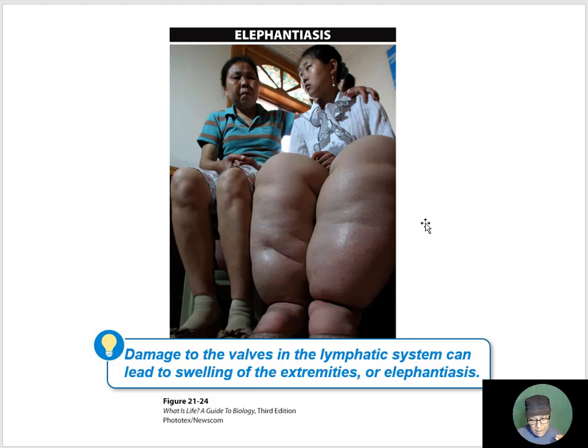And because valves are meant to make things flow one way, and lymphatics are basically keeping the fluid in the tissues at the proper state, when that goes awry, then suddenly we get this huge amount of swelling to the extremities, and this is elephantitis. And as you can imagine, it is extremely uncomfortable. It can be just devastating to a person's life when that happens.